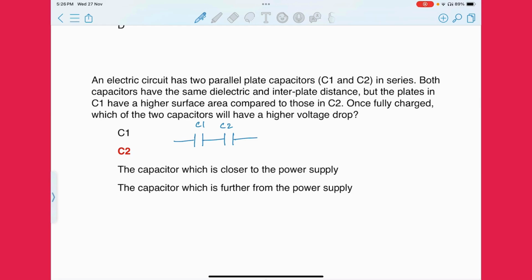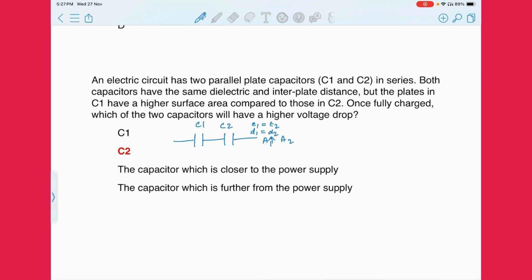Both have the same dielectric and the interplate distance is also the same, but the plates in C1 have higher surface area compared to those in C2.